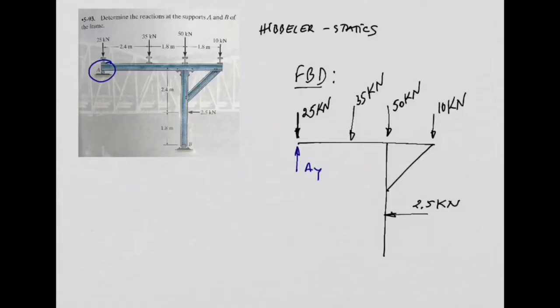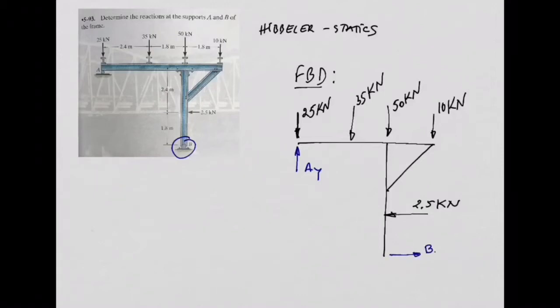Now, if we do the analysis for support B. Support B is a hinge. So if I try to move that point B of my frame in the horizontal or vertical direction, that movement is going to be constrained. So I need to include two reactions here.